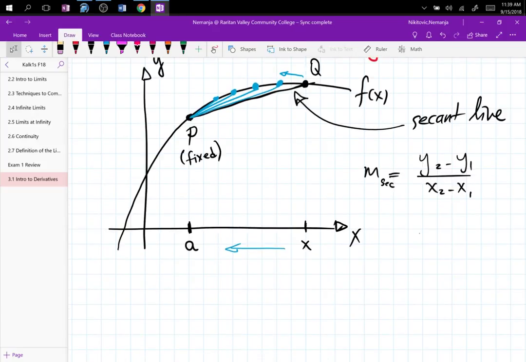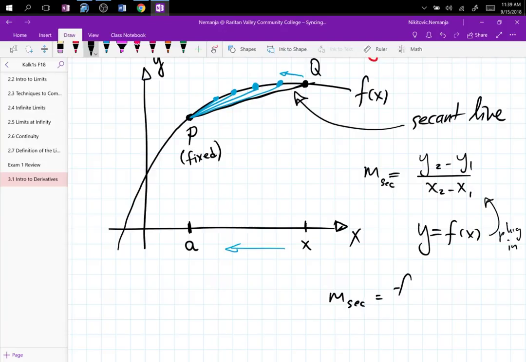In pre-calculus, you learned that y is equal to f of x, and I can plug that in, creating the slope of the secant line equal to f of x2 minus f of x1 divided by x2 minus x1.